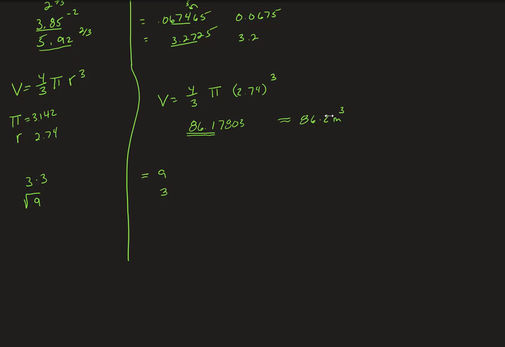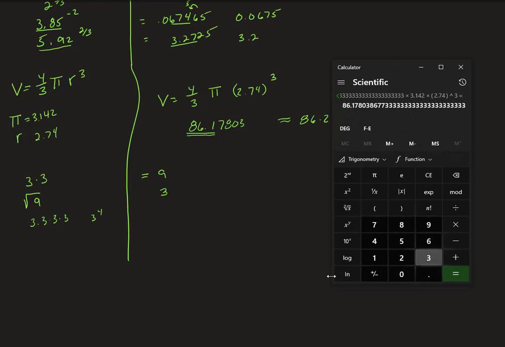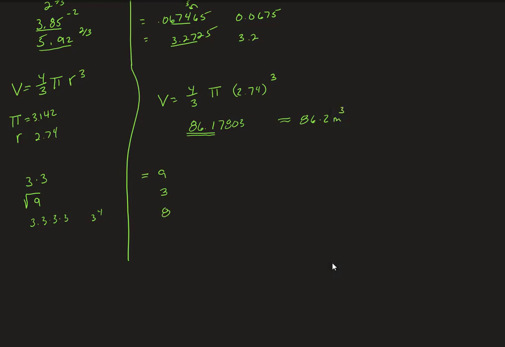What happens if we take 3 times 3 times 3 times 3, which is the same as saying 3 to the 4th? So 3 to the 4th is going to equal 81. So we could say that the 4th root of 81 is going to equal 3.